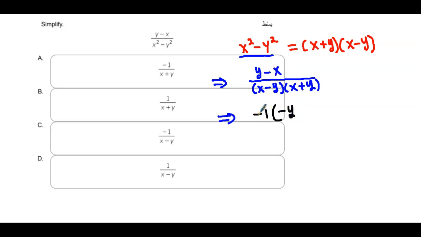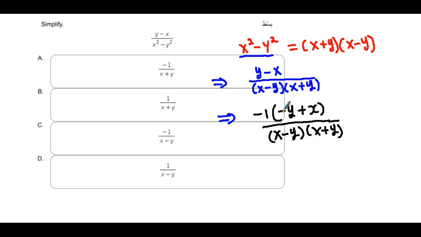We have factored the negative out, so for us to get negative back, negative times positive is negative. So we have to be this one. And then we write our denominator, which is x minus y and x plus y.